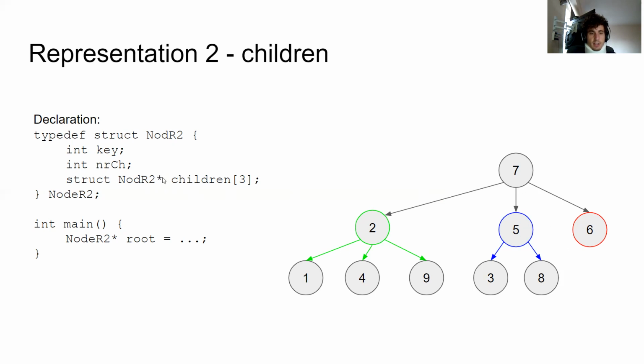Here we can see the star, which means we're using pointers. And in the main function, to declare a node, we use again a pointer, and we only keep track of the root, 7. We don't care about the rest of the elements because we can get there from 7.